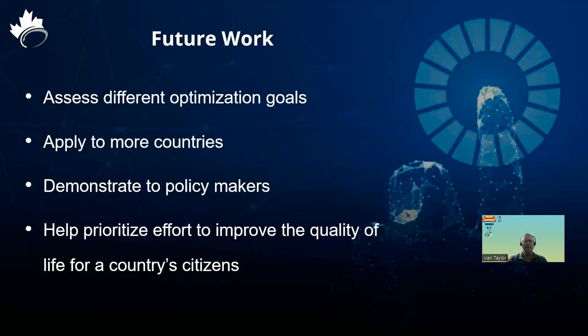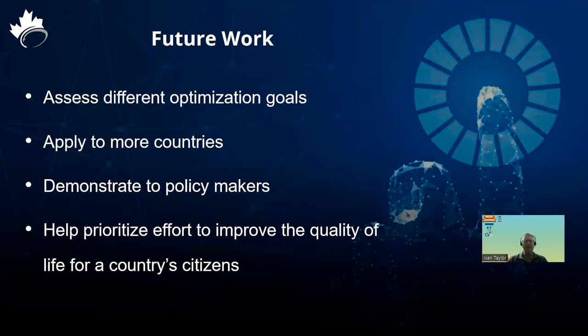So the final thing I want to say is that this model could be improved to assess different optimization goals. So instead of maximizing the minimum goal, we might want to maximize the average goal, or the median goal, or the average of all the goals.